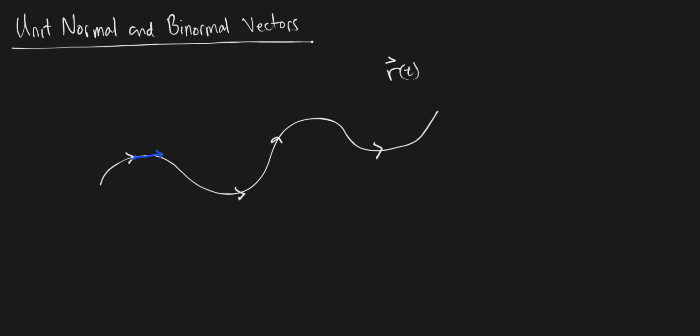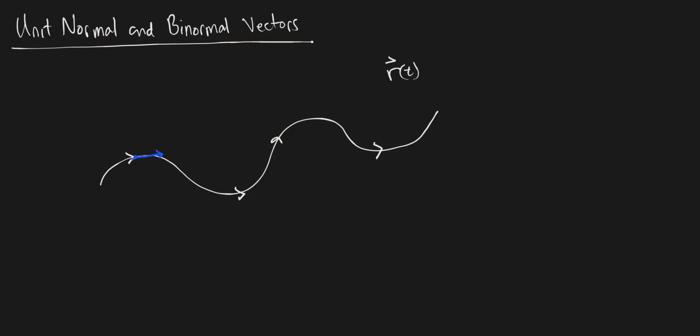So we have the unit tangent vector, and that notation is big T with the little harpoon on top. And yes, it is a function of t. What it is, you take the tangent vector, which is the derivative of our curve, and then you normalize it.